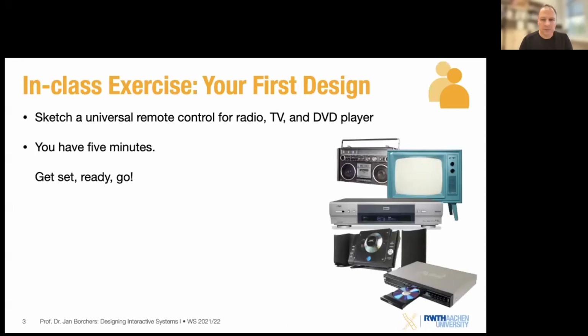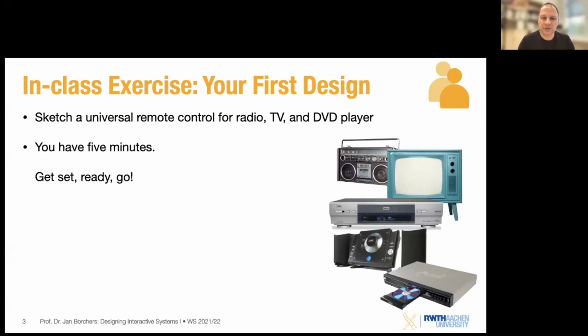Okay, so we will start you guys out with a very, very quick exercise here. So get out a piece of paper and a pencil and start sketching a universal remote for 3 devices. And we picked some kind of vintage devices here for a reason. So this remote should be able to control a radio, pick a station and stuff like this.